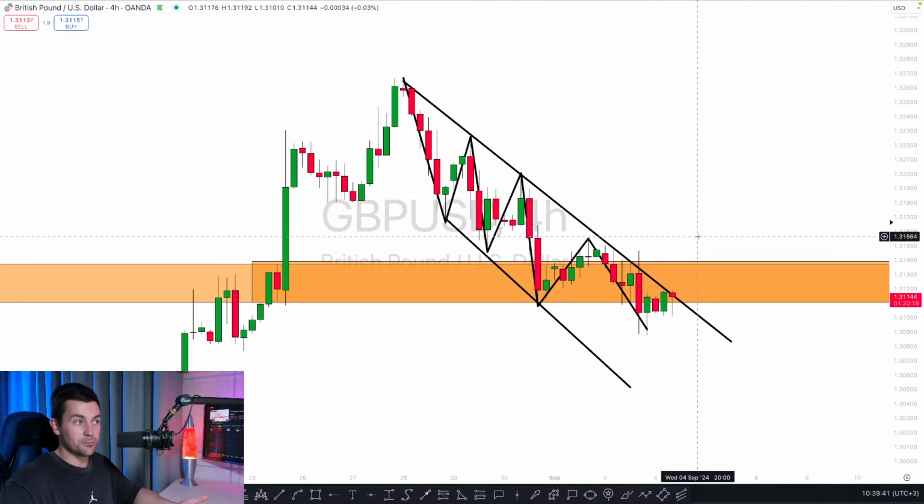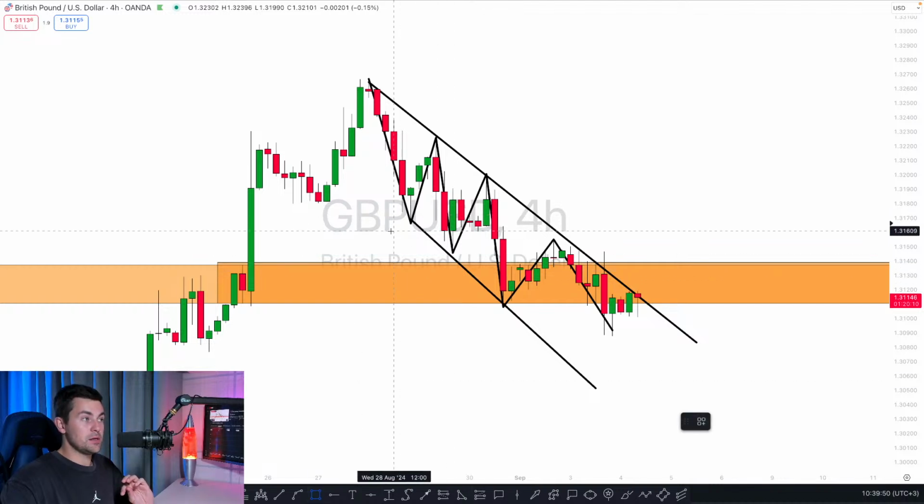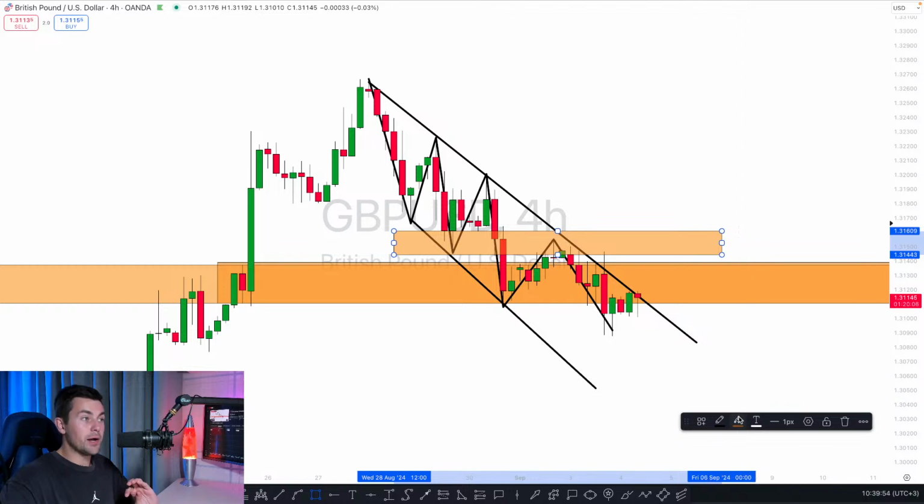A very nice bullish flag formation was formed. And within this bullish flag, we also have a very strong minor resistance here. That was a support in the past, and it turned into resistance after a breakout.